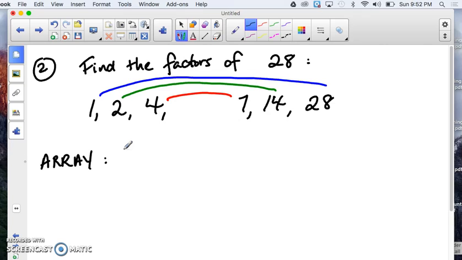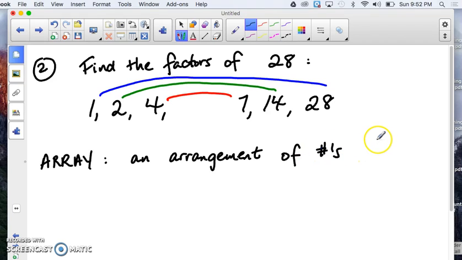Perhaps jot down the definition or think of the definition before I give it to you. Now, an array is an arrangement of numbers in columns and rows.